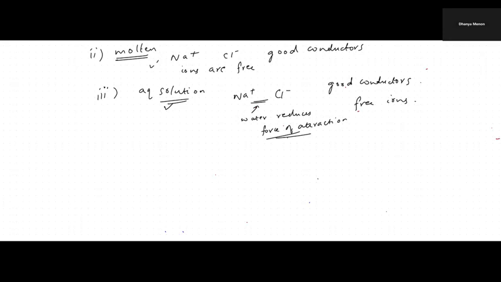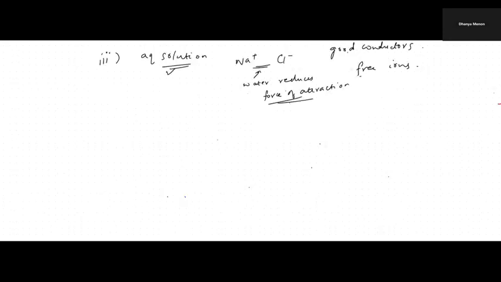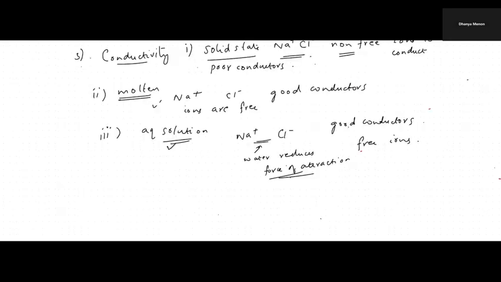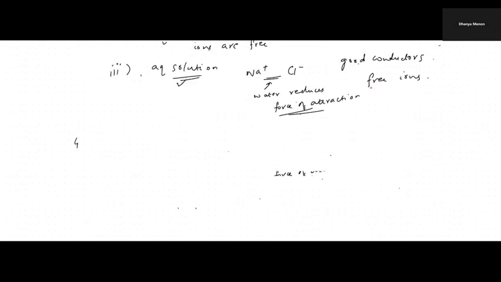Now, coming to the next property, the fourth property, isomorphism. What is this?